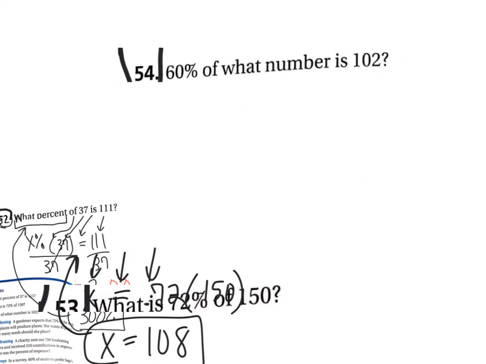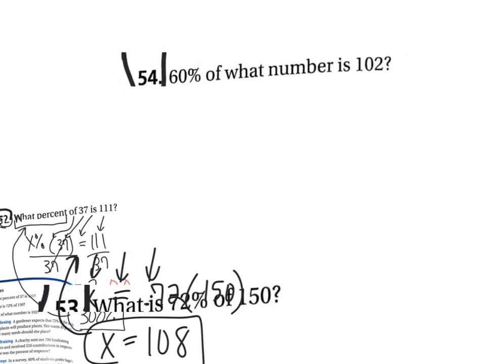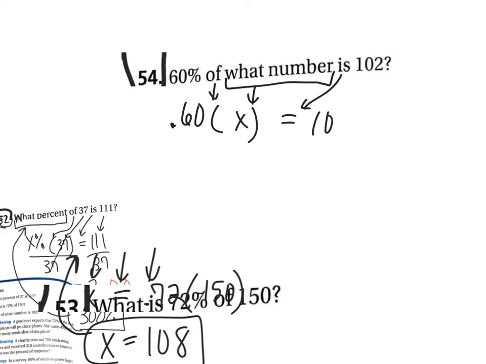If we look at number 54, 60% of what number? So 60% we can change to a decimal. You don't have to put the 0 at the end if you don't want to. Of is multiplying. What number? That's what we're trying to find. Is means equals 102.